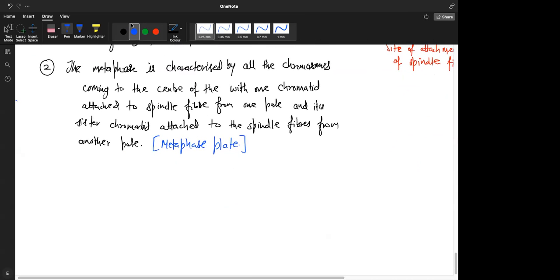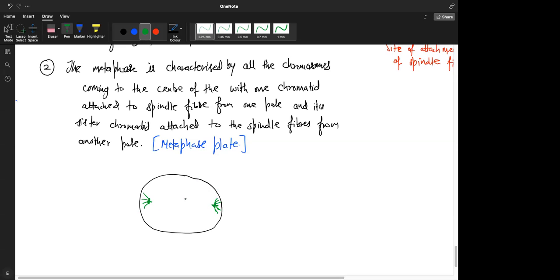Okay, and it looks something like this. So if I draw it for you, let's say this is a cell. It has one centrosome here with spindle fibers and the other centrosome here. So spindle fiber goes in all directions. Don't just think that it goes in one direction only, but in some directions there is not much space to go, so it just reaches the end of the cell and stops.